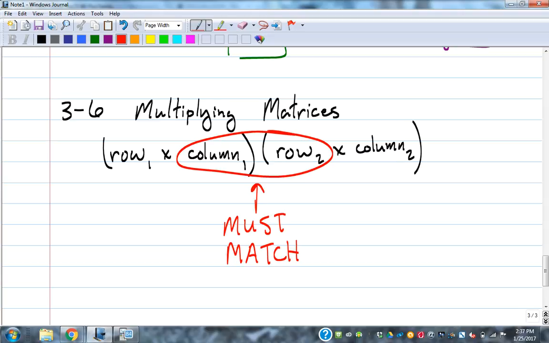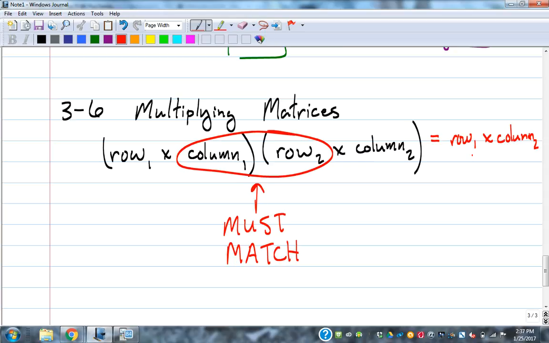Now these two numbers have to match, and then our answer when we multiply them together is going to be row 1 by column 2. So the outsides are the size of your answer.